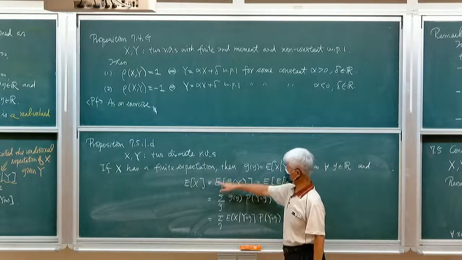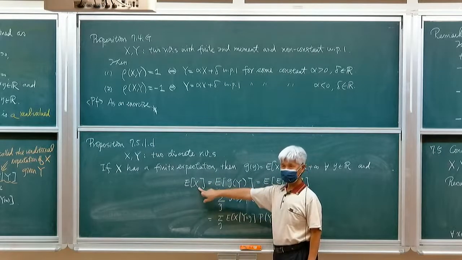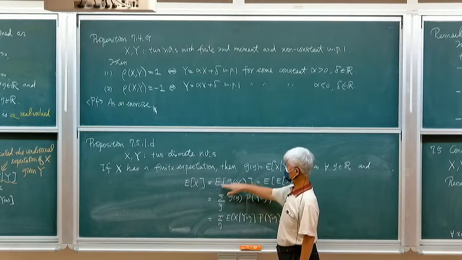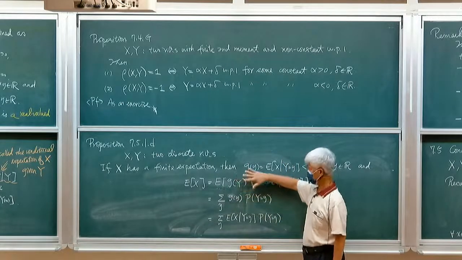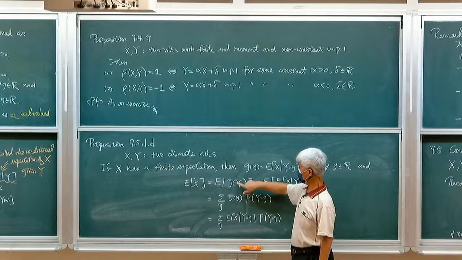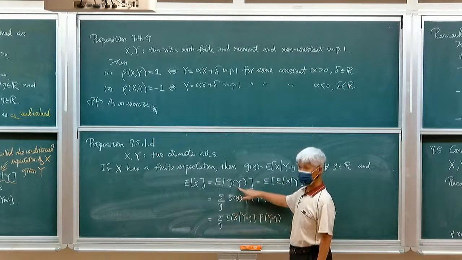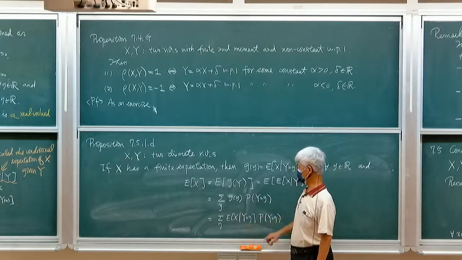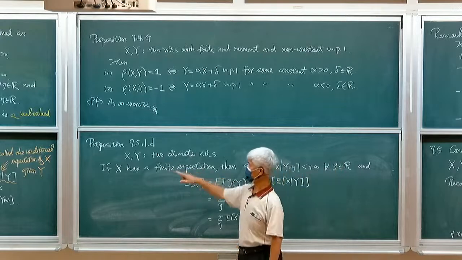So you first look at this one. The original expectation of X can be computed by the expectation of g of Y. And g of Y is a function of Y, so from the expectation of a function of a random variable, you know this formula. And this is equal to this one by the notation.